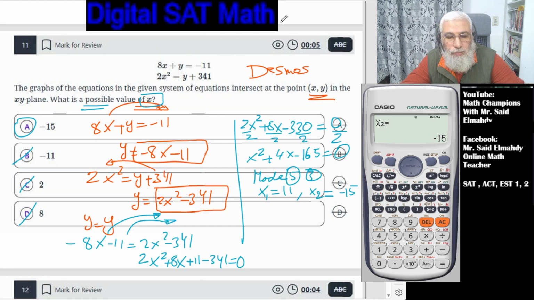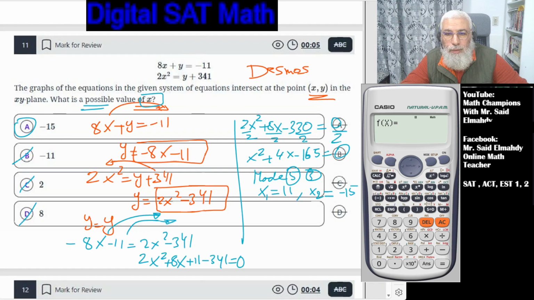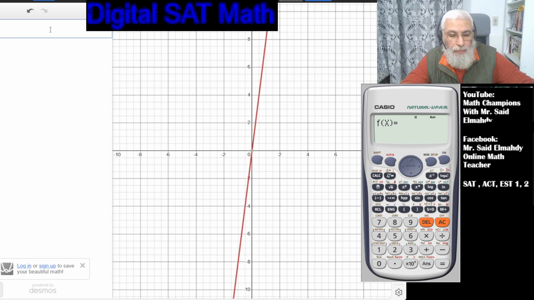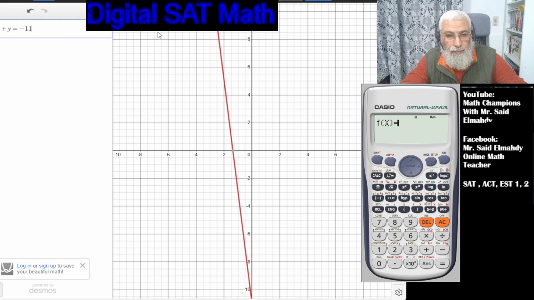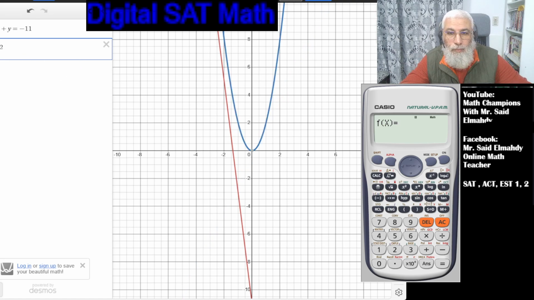We can also solve this using Desmos. Let's write this in Desmos. 8x plus y equals negative 11, and 2x squared equals y plus 341.